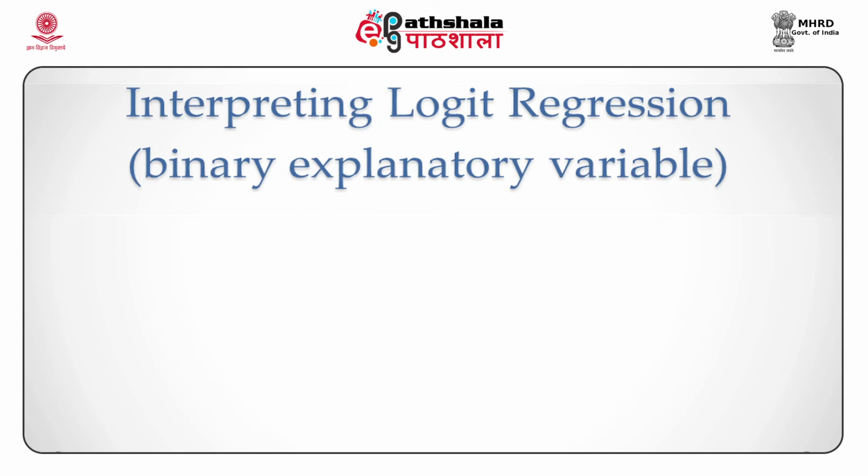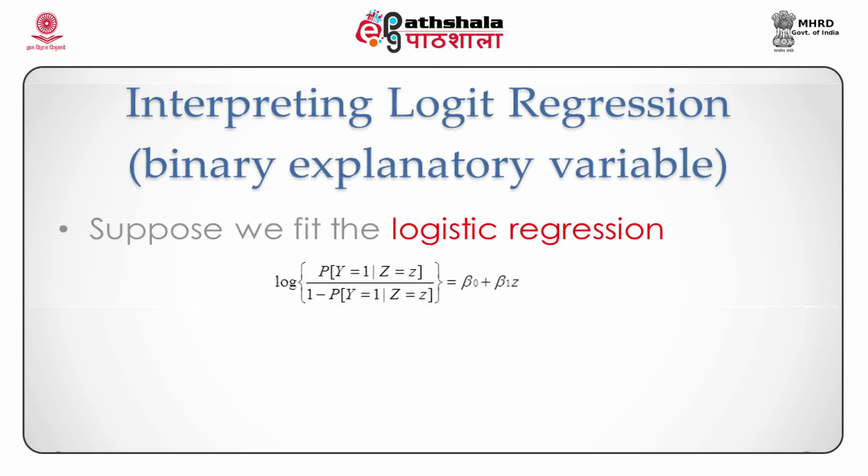Now, suppose instead we have a binary explanatory variable, that is, we have one variable z which is equal to 1 if some event A occurs and 0 if the complement of the event occurs. Then, as before, we can write down the two equations for the case where z is equal to 0 and z equal to 1, and we can see that beta 1 is the log odds ratio for the event y equal to 1 comparing the cases z equal to 1 and z equal to 0.